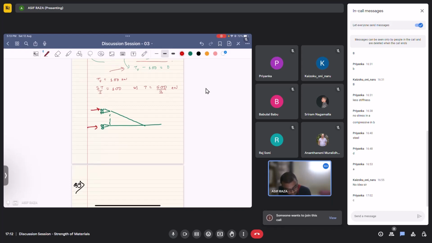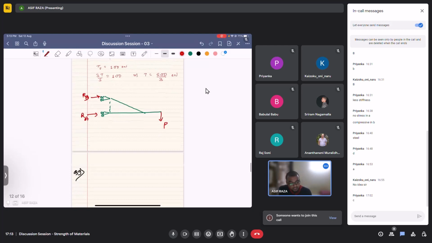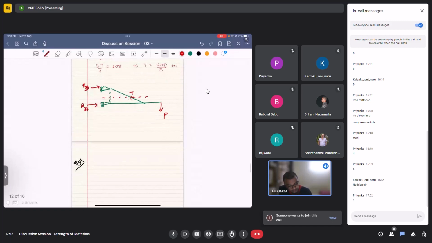So if I'm taking RD and RA, the only external load applied is here, right? P, I should write. With this only I should try to find the forces being generated in the system, like tension T present in the cable. But since I have taken T here, I am taking only this as the system.